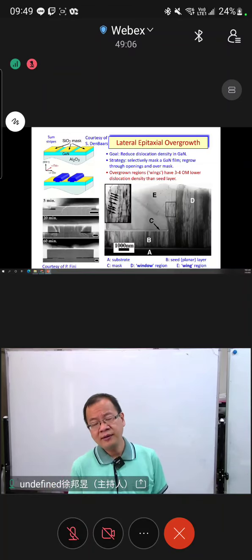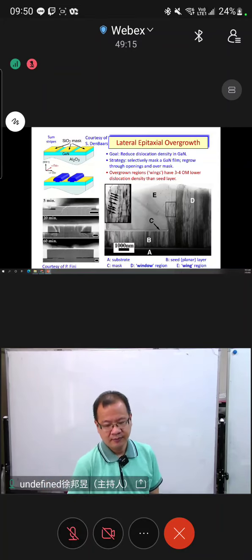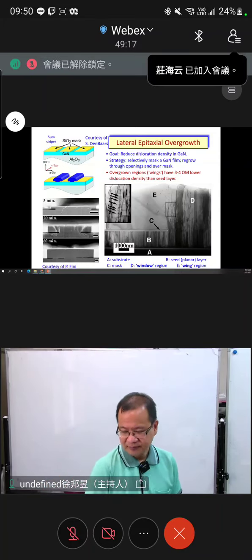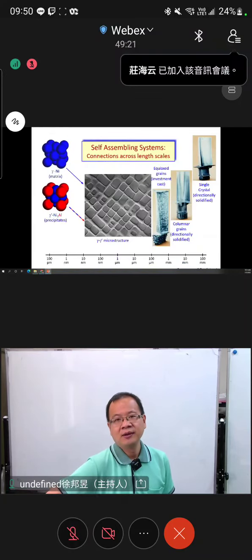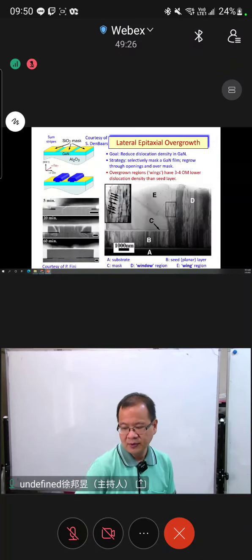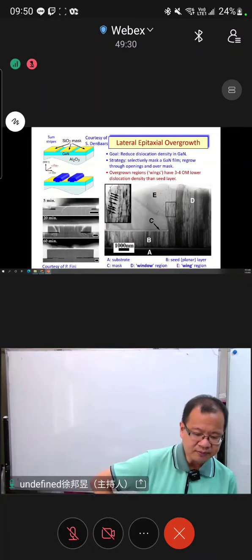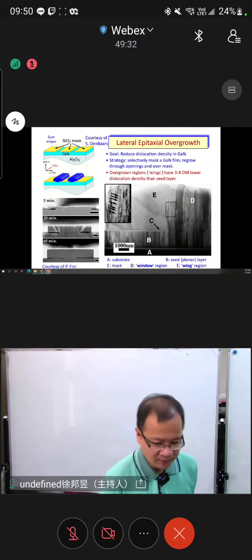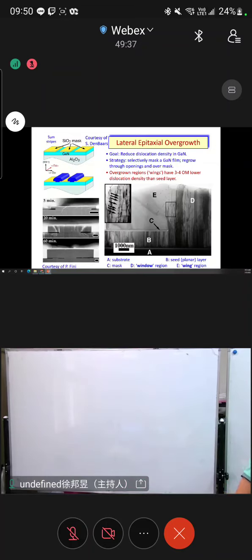And why on the black area can you grow gallium nitride so well? Have you sensed the difference? Anyone want to answer? Remember, I have mentioned to you, it's all about crystal. Why can the C part be grown well? No one want to answer?